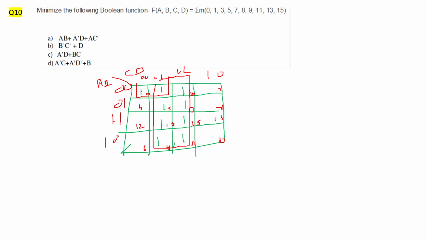Am I missing something? One more one is there. 0, 1, 3, 5, 7, 9 is here, 8, 9, 11 is here, 13 is here, 15 is here.